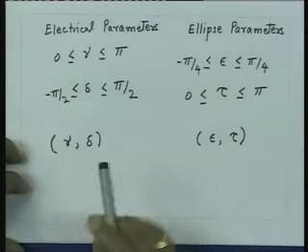Once these things are defined, then mathematicians have found a very nice way of compacting these angles. So, what they realized is that once these angles are defined, they can construct a sphere, what is called the Poincare sphere. Every point on that sphere can be uniquely represented by either this pair or this pair.